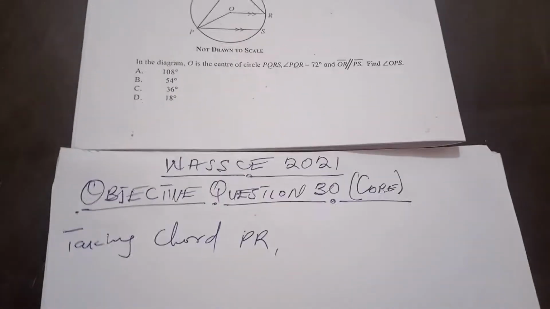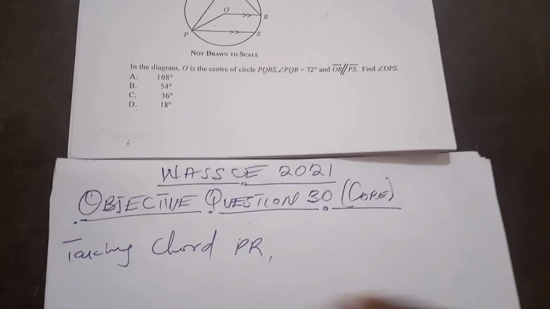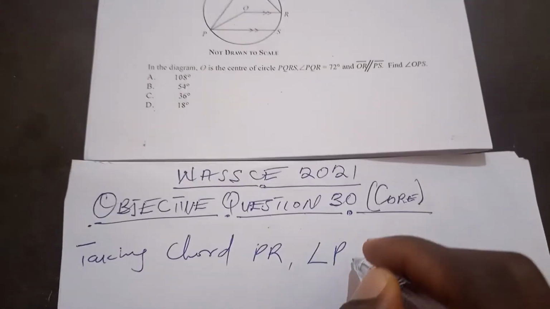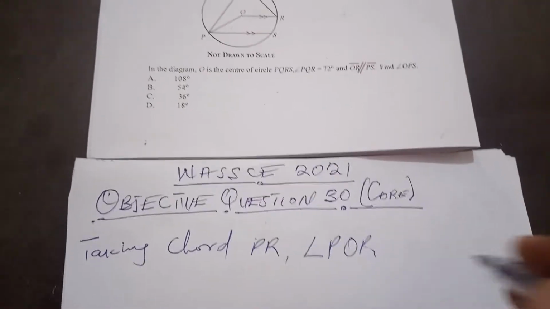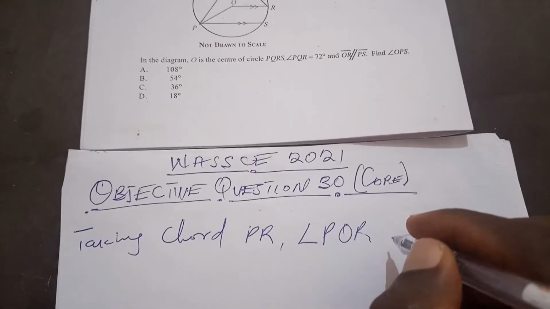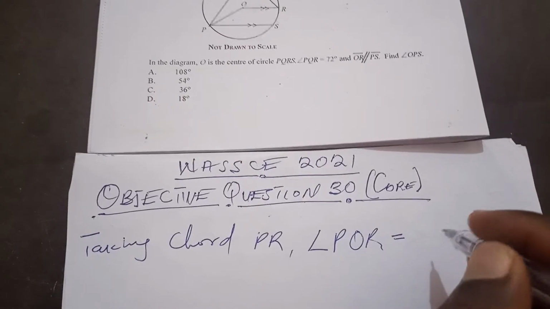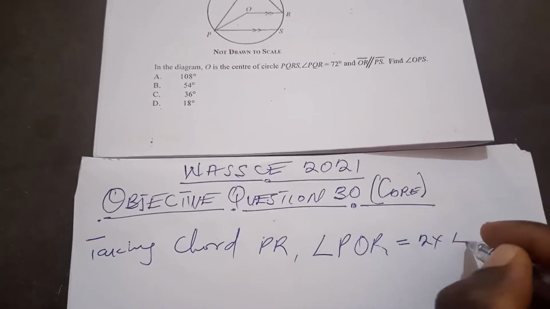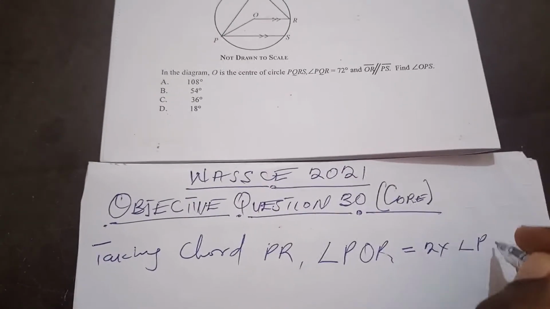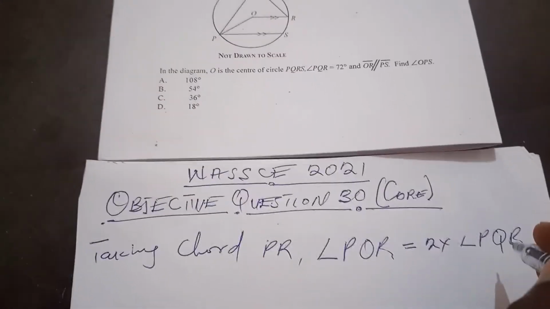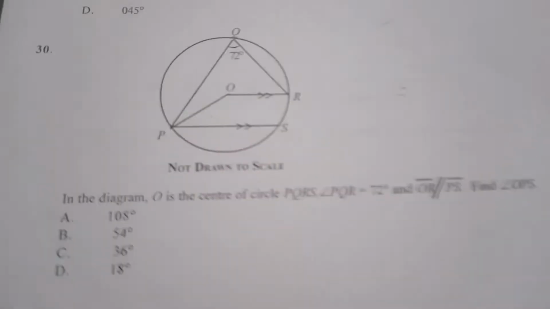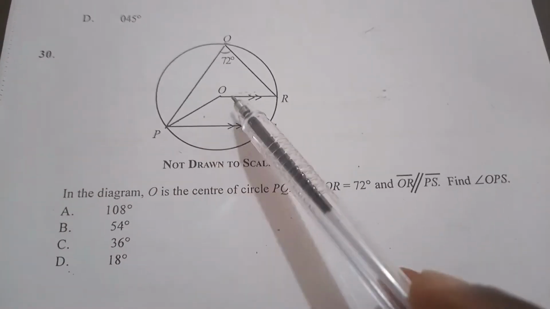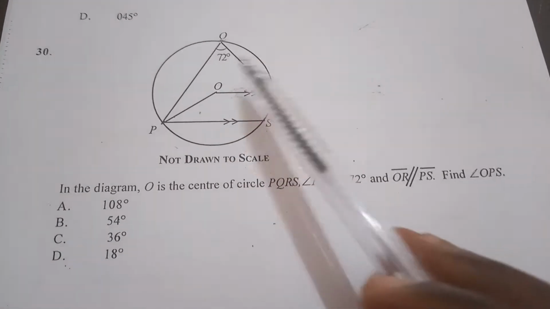Taking chord PR, you see that angle POR will be 2 times angle PQR according to theory 1. According to theory 1, this is the angle subtended at the circumference. So the angle subtended at the center will be twice this.